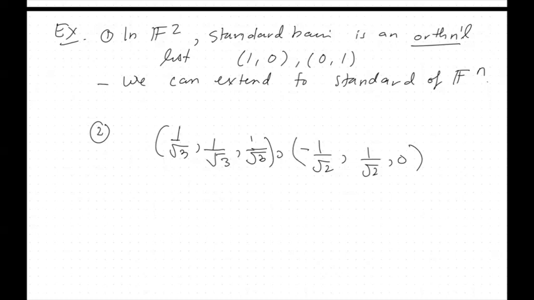This list has two elements, and verify that if you take the inner product of these two elements, you get 0. And of course, if you look at the norm of the first vector and the second vector, it is just 1. I think you get the grasp of what an orthonormal list is.